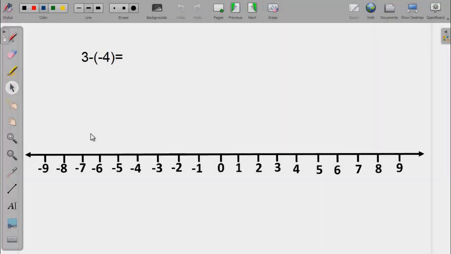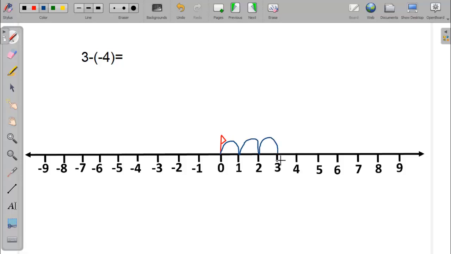3 minus minus 4. First we draw a stick figure with face seeing towards the positive direction. Here we are having the positive number 3 as the first number. So we should move forward 3 steps. First step, second step, third step.